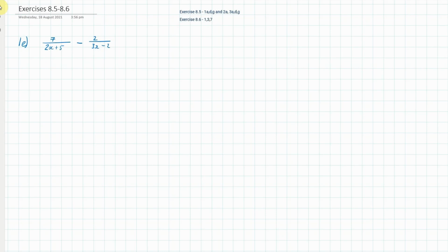Okay, so we're going to cross multiply, which means that I want to multiply the 7 by the 3x minus 2, and I want to multiply the 2 by the 2x plus 5.